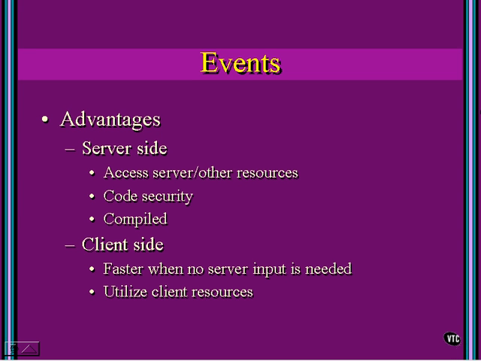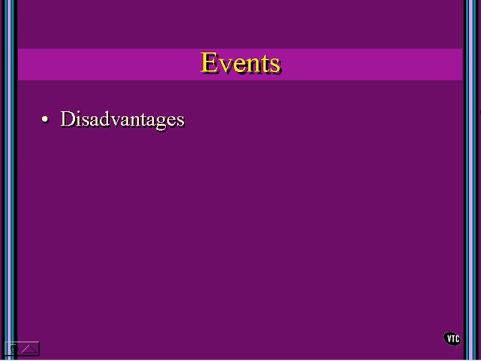Whereas on the client side, anything that we can pass out to the client, we've distributed our resource utilization, and the client CPU and memory can be used. And on the client side, this is usually to validate information before sending it up to the server.